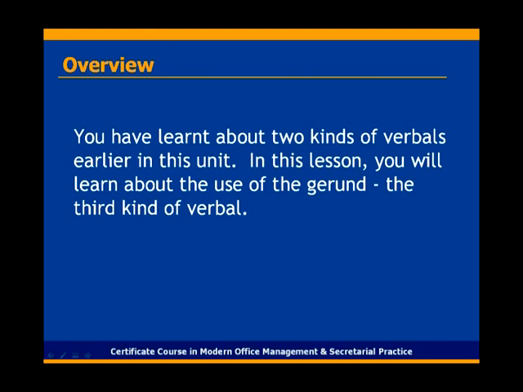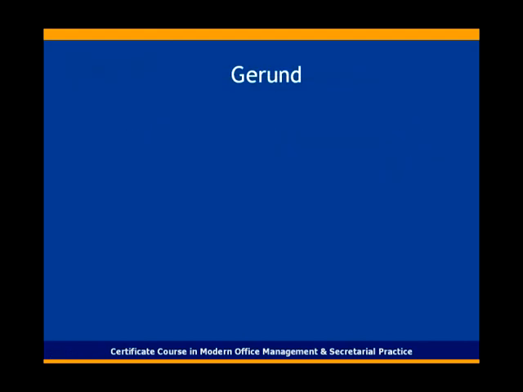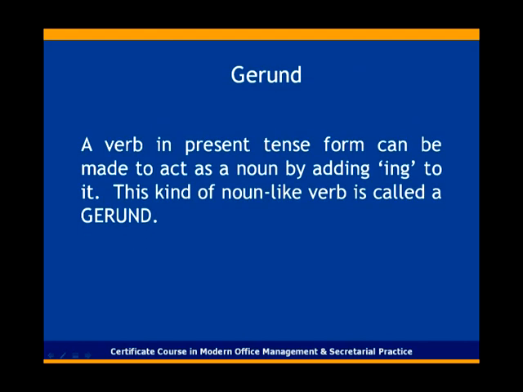Overview. You have learnt about two kinds of verbals earlier in this unit. In this lesson, you will learn about the use of the gerund, the third kind of verbal. A verb in present tense form can be made to act as a noun by adding ing to it.